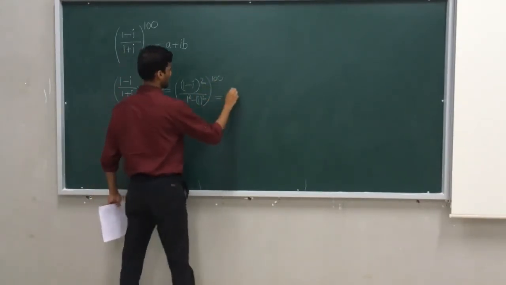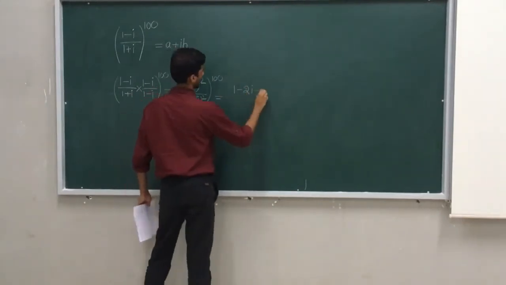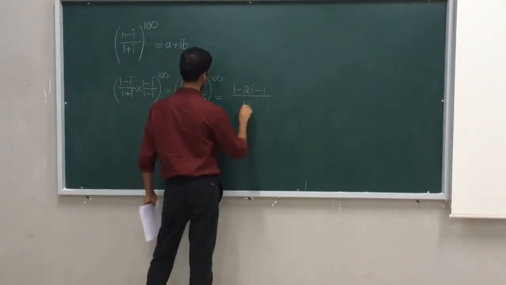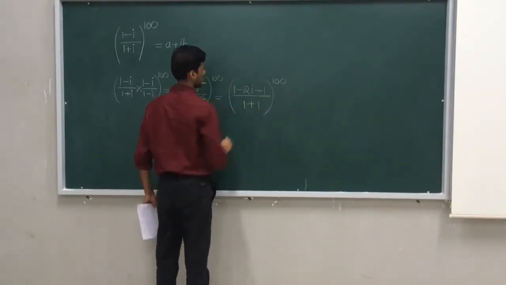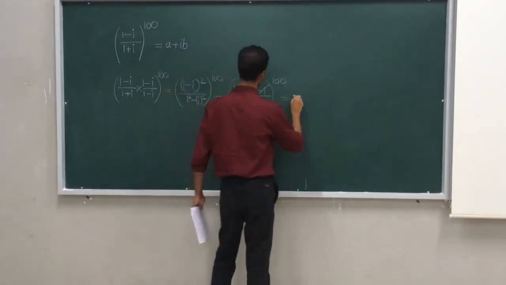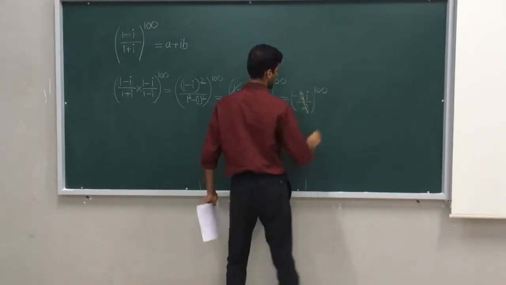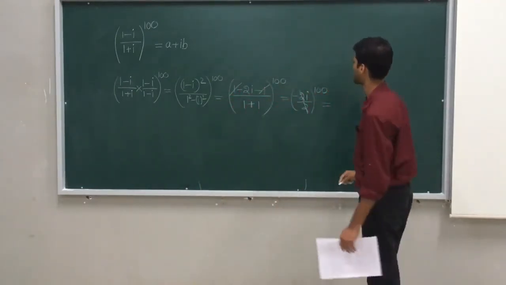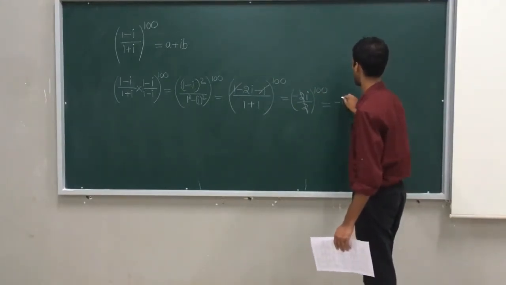So it is nothing but (1 minus 2i plus i square) upon (1 plus 1), to the power 100. So this is cancelled. We are left with minus 2i upon 2, that is (minus i) to the power 100.